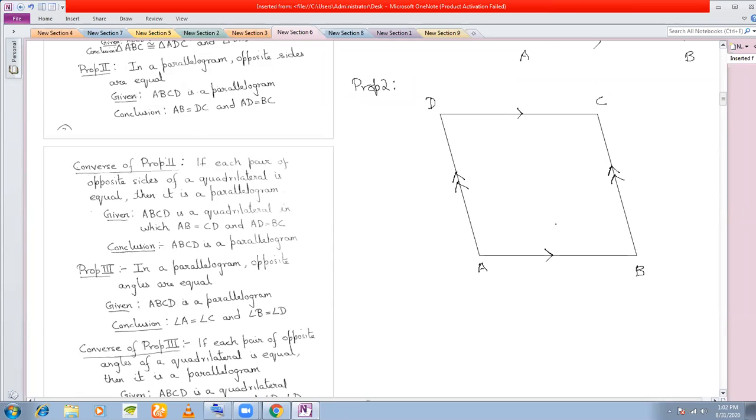Then by this property I can say that the opposite sides will be equal. This side equal to this side and this side equal to this side.